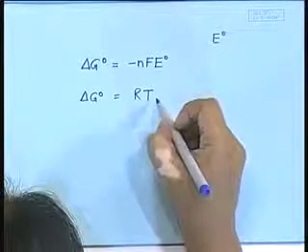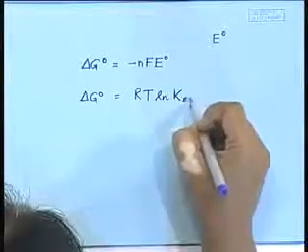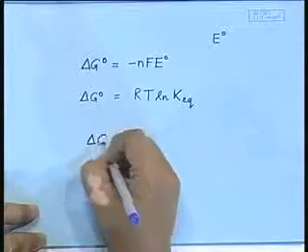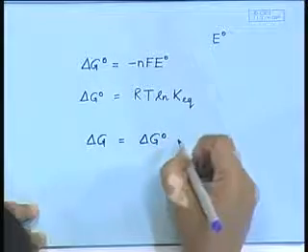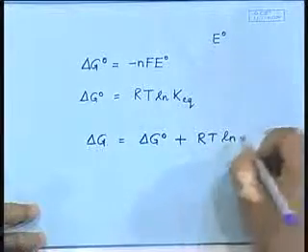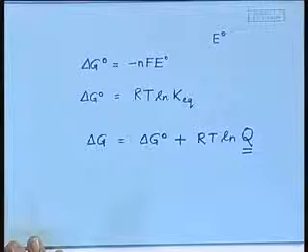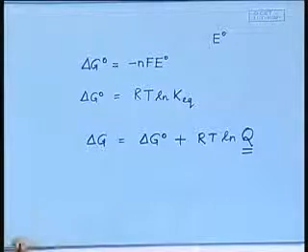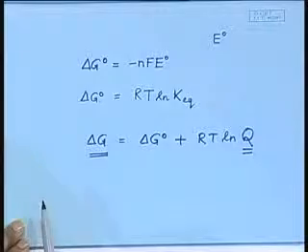What is the reaction equation? Equilibrium, right? Then you can have a delta G. What is that? That is delta G0 plus RT ln Q. What is this Q? This Q is your reaction quotient. What is the reaction quotient? It is the ratio of the concentrations of the products to the reactants. Okay. So based on that you can find the delta G associated with this.